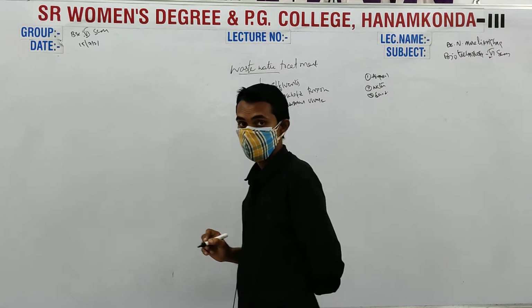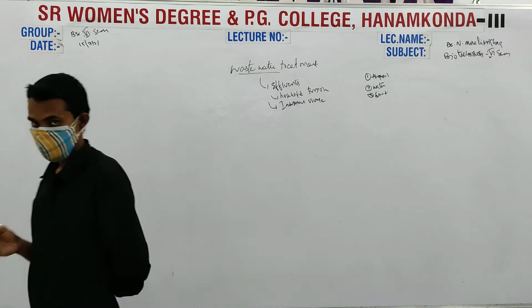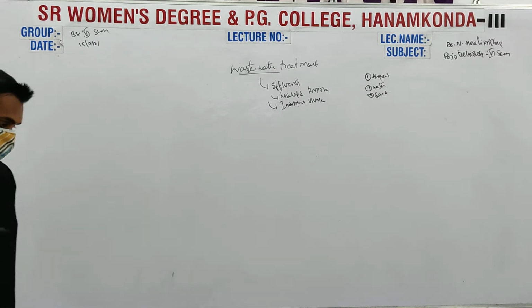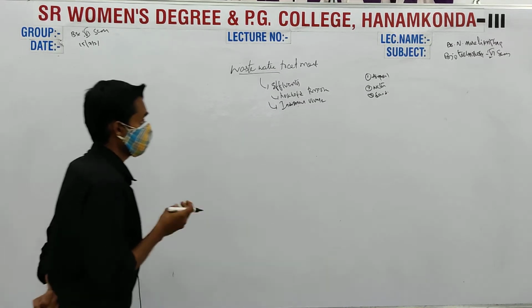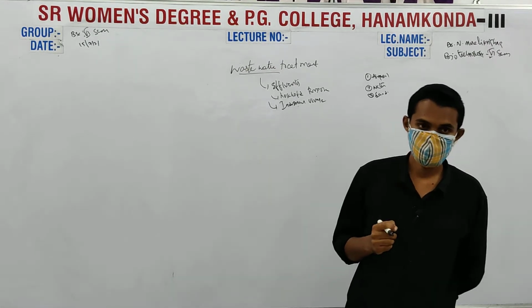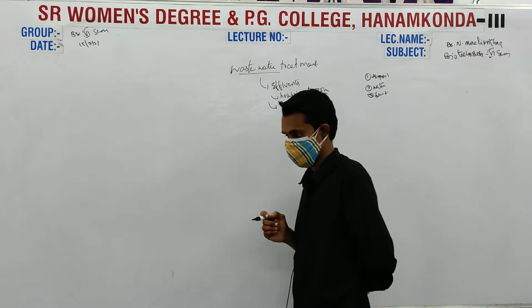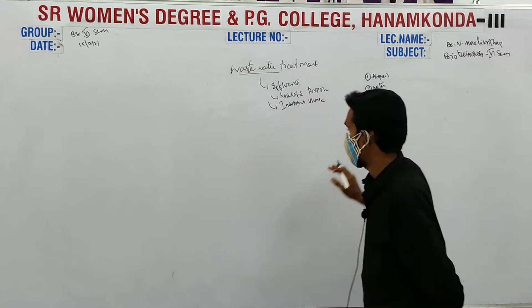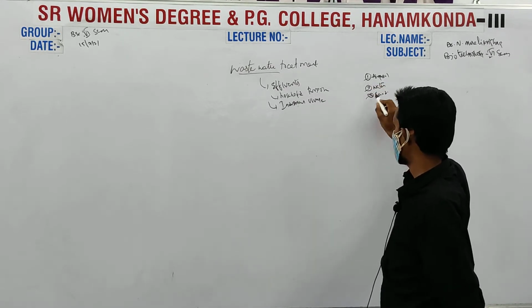Whatever effluents come from household or industrial effluents lead to damage of the environment, and that is nothing but environmental pollution. The pollution may be air pollution, water pollution or sand pollution.